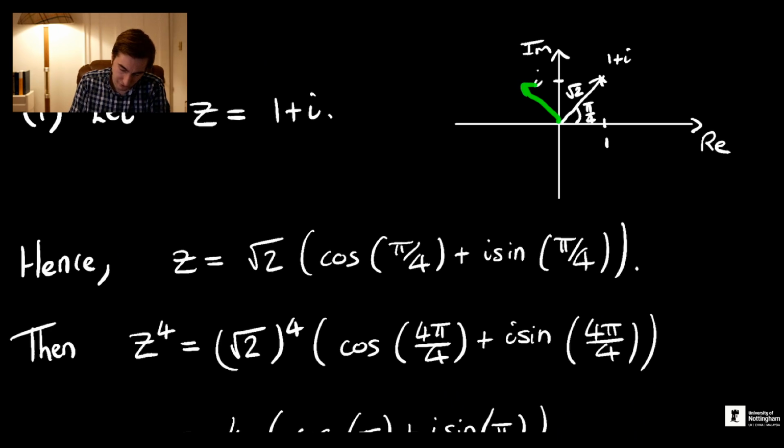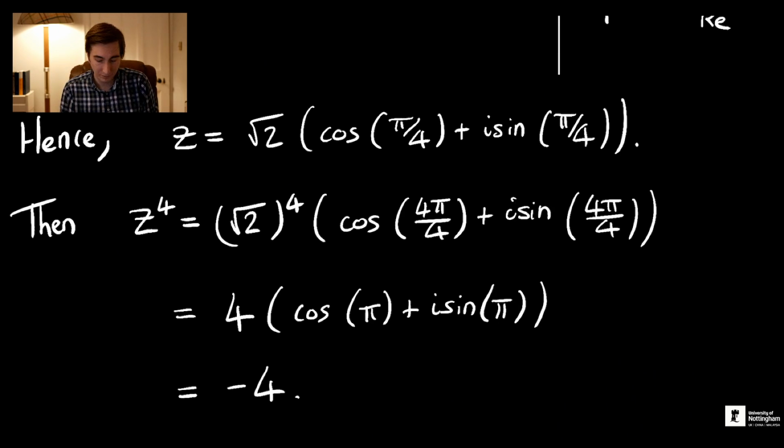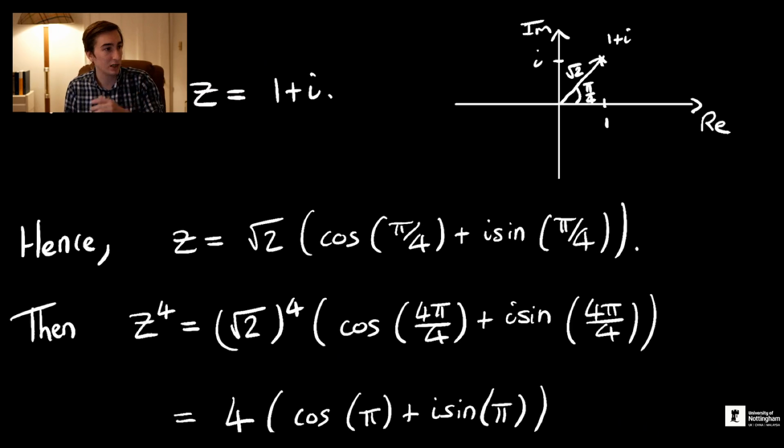And then z to the power of 4 is going to take us another 45 degrees, which is going to take us somewhere in the negative reals, which is exactly what we got here. We saw that we got indeed a negative real number. And each time we just kept stretching that vector by a factor of √2. So when it went to here, it's stretched by √2, in other words, taking it to a length of 2. When it goes along here, it's stretched by another factor of √2, which made it of length 2√2.